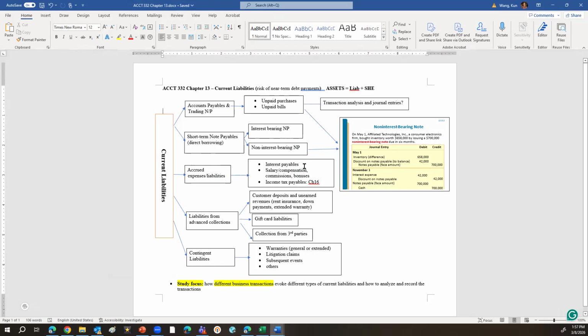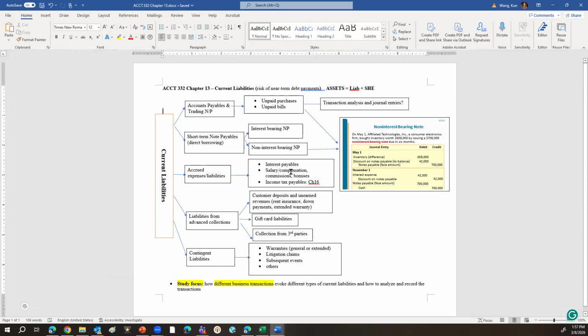Because interest is normally paid after, we accrue first, then pay later. Accrued expense means we recognize expense before we make the cash payment. So it's delayed payments: recognize expense earlier than cash payments.